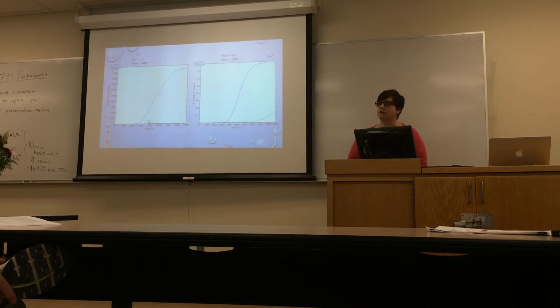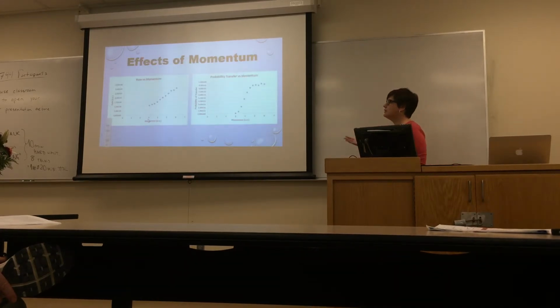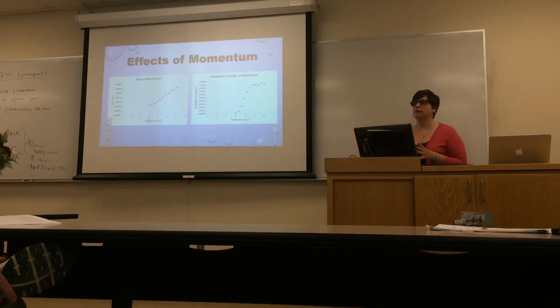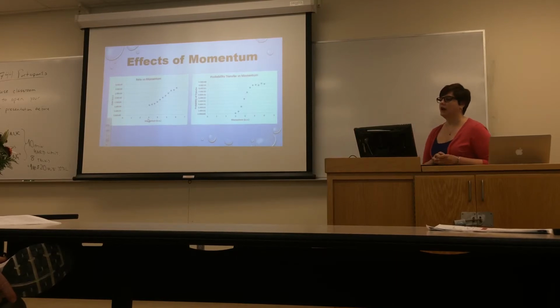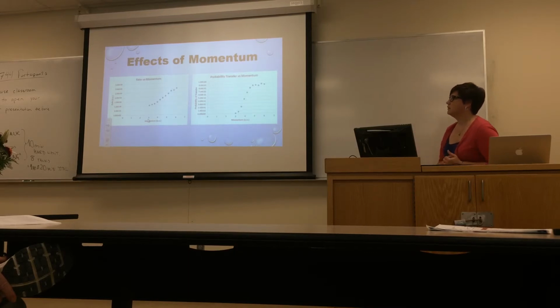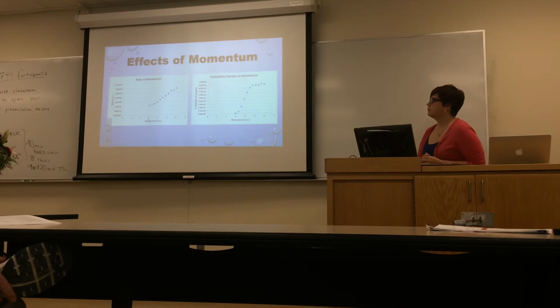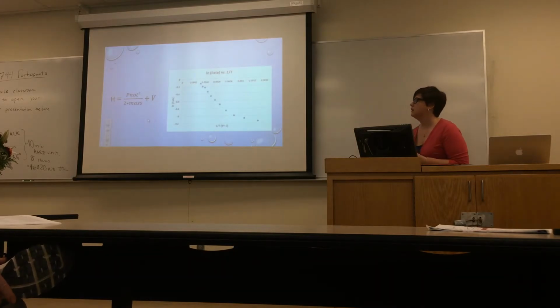For P naught of 4.5, you can see that it increases quite nicely. Based on running P naught from 3 to 6, I was able to get some rate information and look at that as a function of the momentum. As you can see, it increases, as does the probability of transfer for this reaction. The last thing I looked at was making an Arrhenius plot.